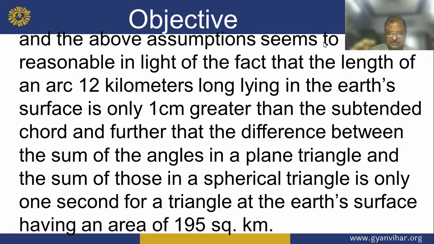Further, the difference between the sum of the angles in a plane triangle and the sum of those in a spherical triangle is only 1 second for a triangle at the earth's surface covering an area of 195 square kilometers.